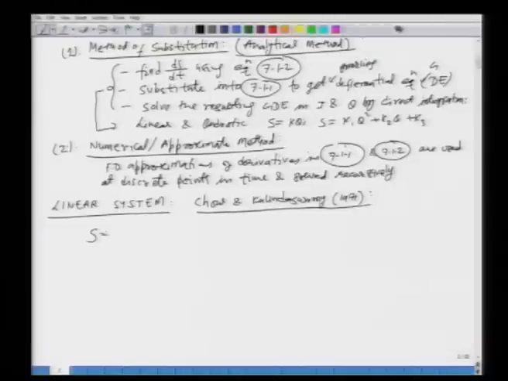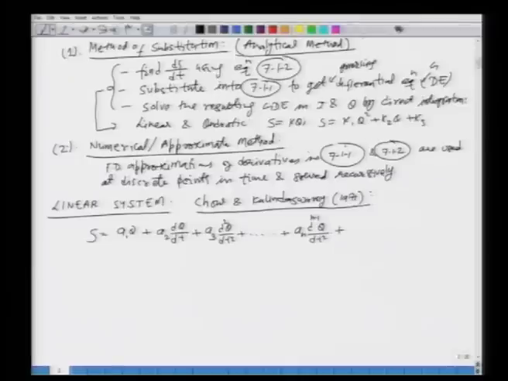with this they have said S is given by this equation: A1 q plus A2 times the first derivative dq/dt, plus A3 d2q/dt squared, and so on all the way up to An d^(n-1)q/dt^(n-1).